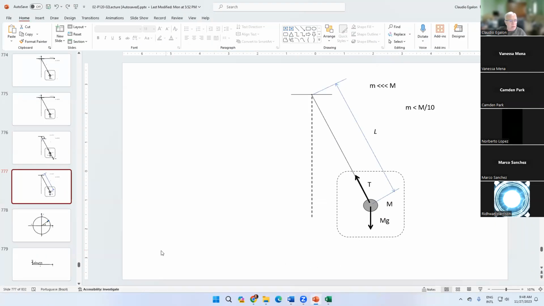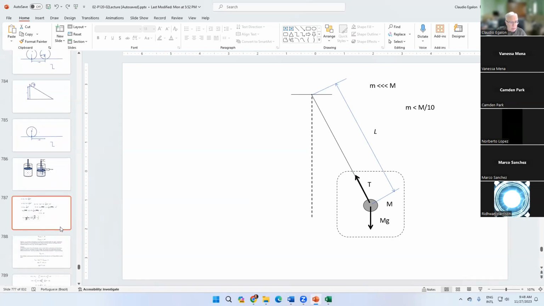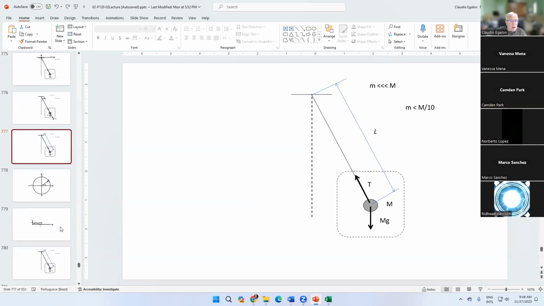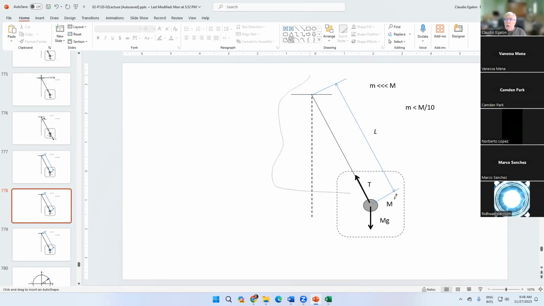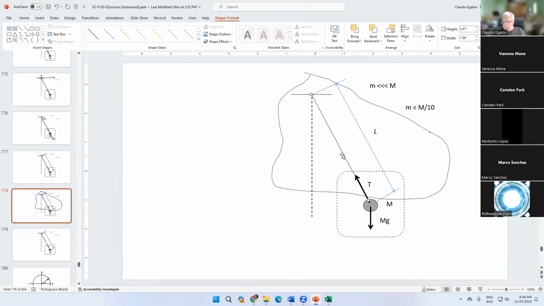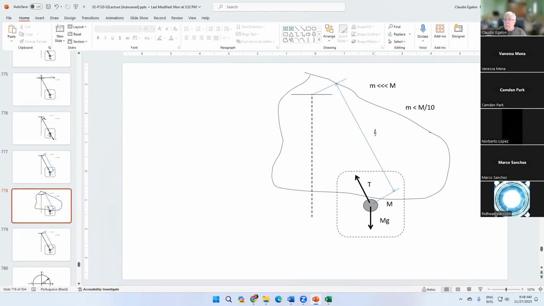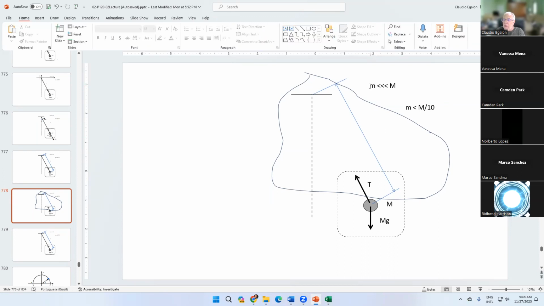Okay, so let's see if I have an illustration here of a physical pendulum. Unfortunately, I don't have it. Let me see if I can draw that for you. A physical pendulum is going to be something like that. A rigid body of mass m.